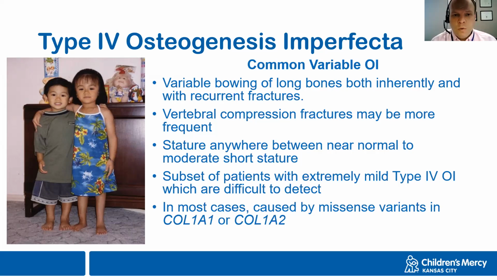I've seen patients who I would consider to have type 4 OI that have conspicuously normal stature. And there's a subset of patients with what I would consider to be mild type 4 as opposed to type 1 OI that are actually challenging to detect. And this is based on the fact that these are really conservative changes in the gene COL1A1 or COL1A2 in most cases.